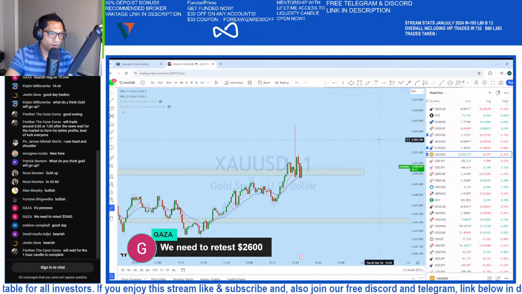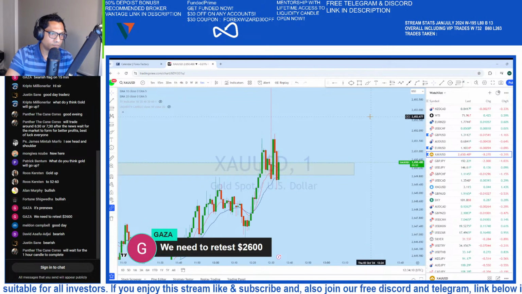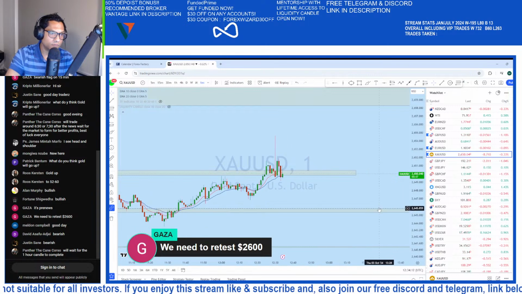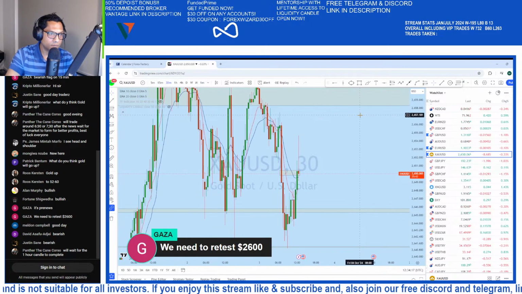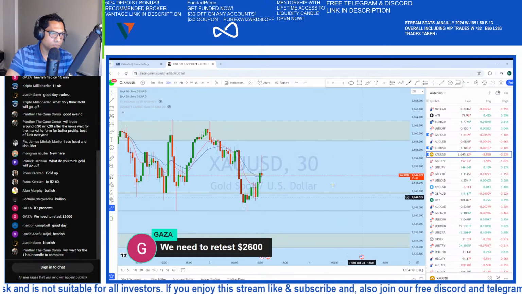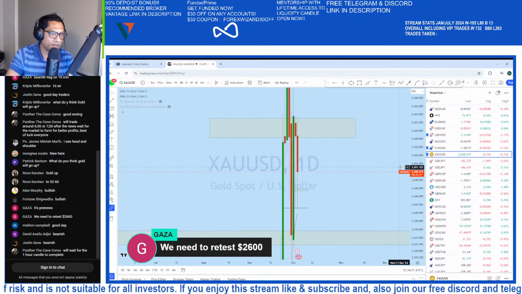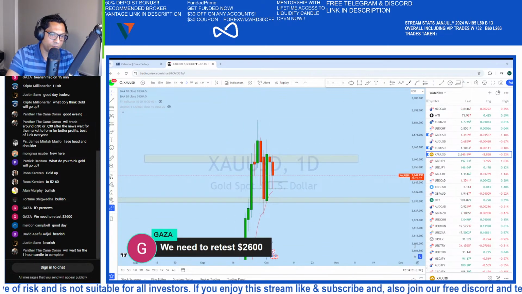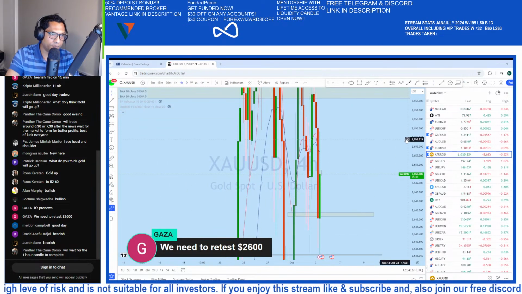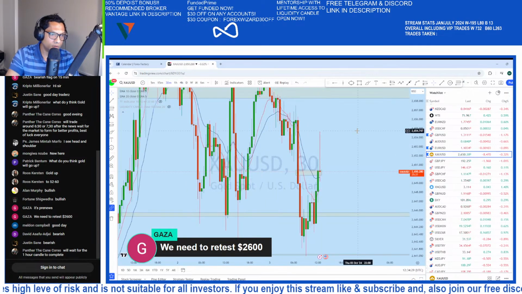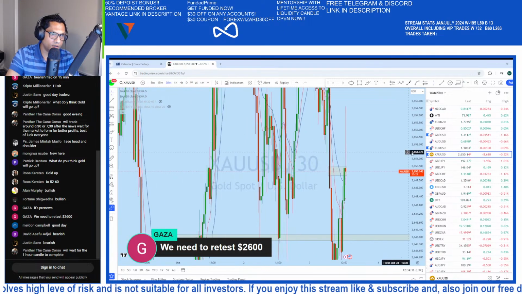Okay, let's see if from this level it's breaking below the support or moving up from the support, which is very important to look at.